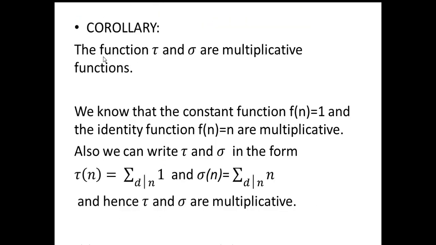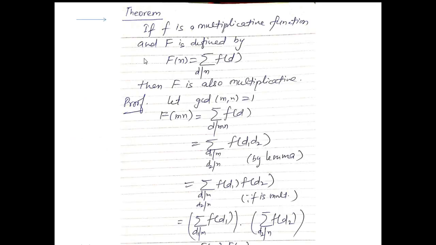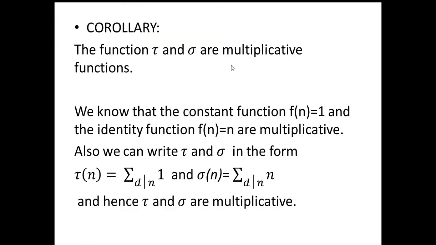Corollary to that theorem, it shows that the functions tau and sigma are multiplicative functions. Here I am going to just tell you that the constant function f(n) equal to 1 and the identity function f(n) equal to n are multiplicative functions.